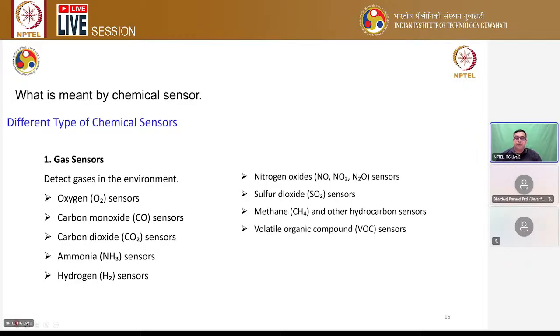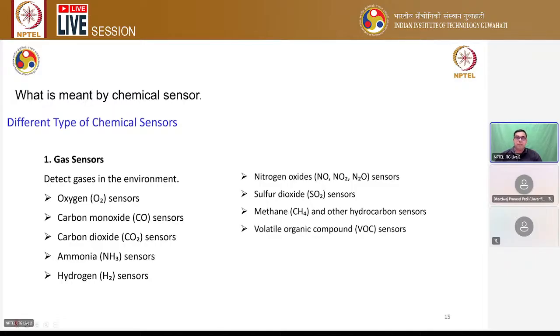Say you have nitrogen available in the ambient. It is not reacting. But if you have a device which is detecting nitrogen, you have to call it a nitrogen sensor, because the definition comes from the species that I am trying to detect, not the kind of device.